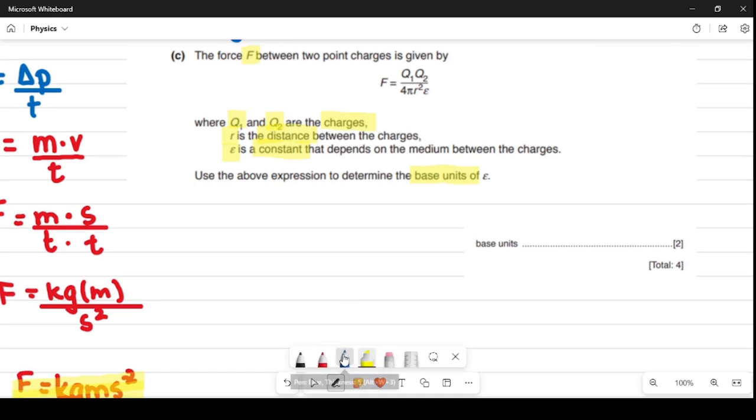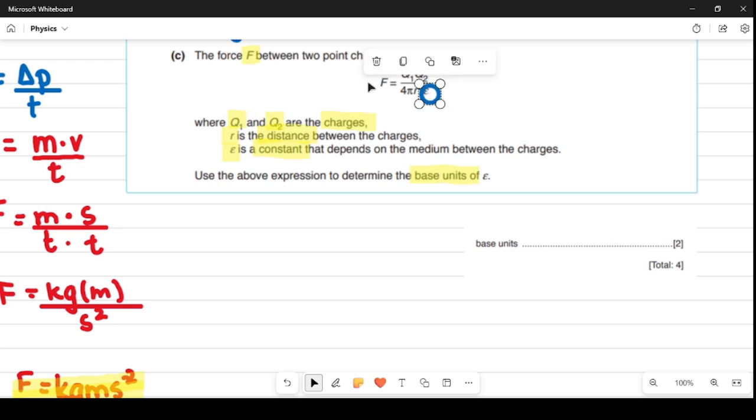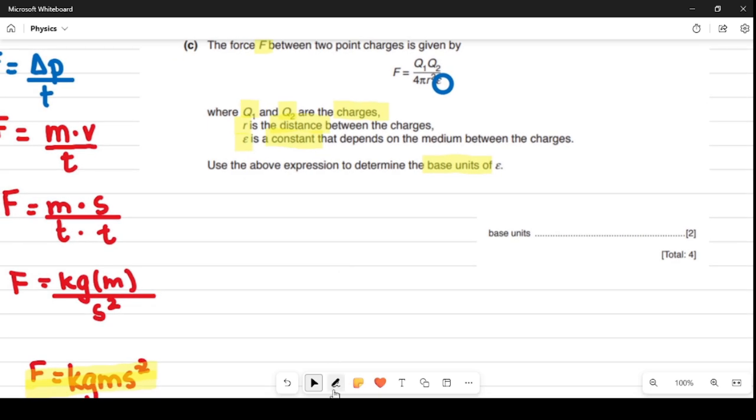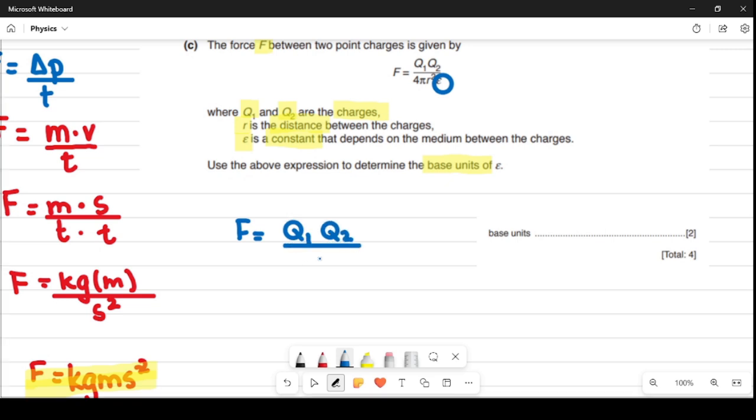Okay. So we need the base units of E, right? And E is currently not in the numerator. For any quantity whose units we are calculating, we need it to be the subject. So let's make E the subject. First, you have F is equal to Q1, Q2, then you have a nice line, and then you have 4 pi r square.